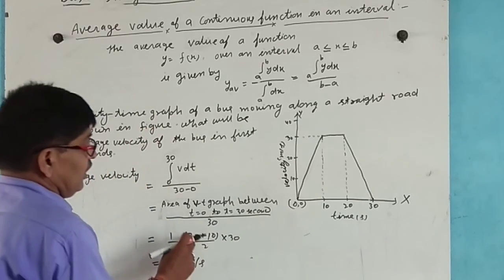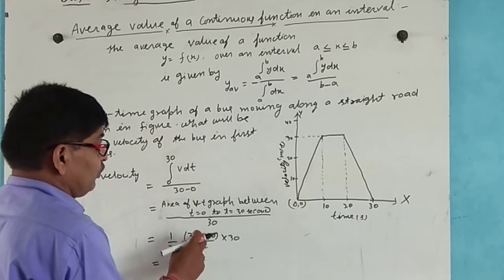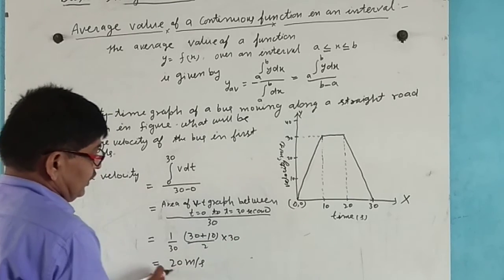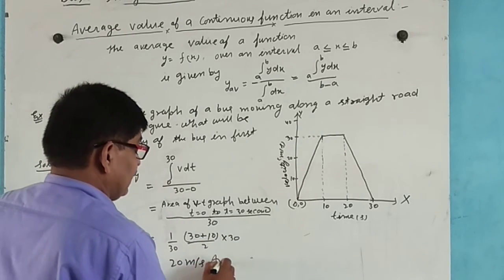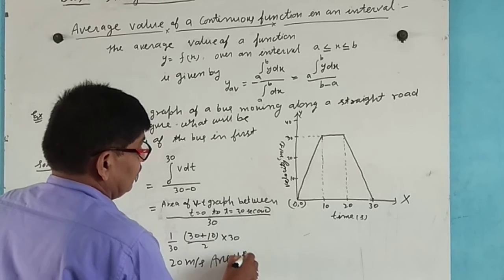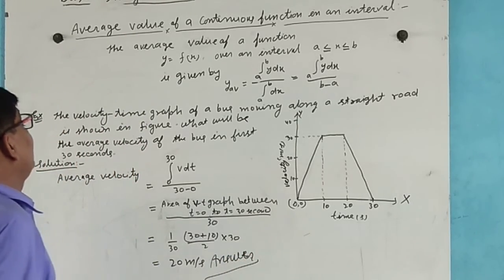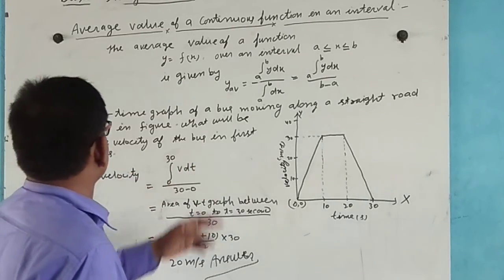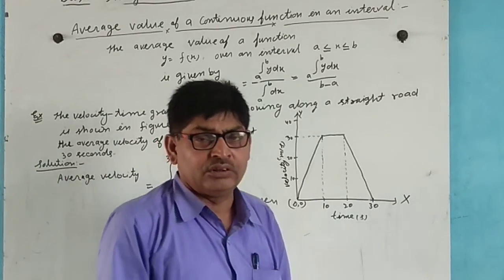Here 30 plus 10 equals 40 by 2, which is equal to 20, and dividing by 30 gives 20 meter per second. This is the answer: 20 meter per second is the average velocity of the bus in the first 30 seconds.